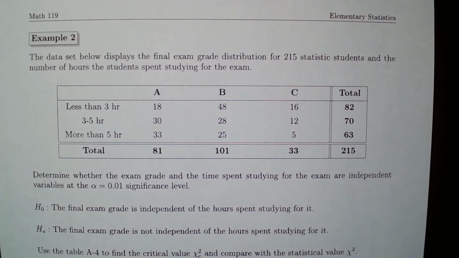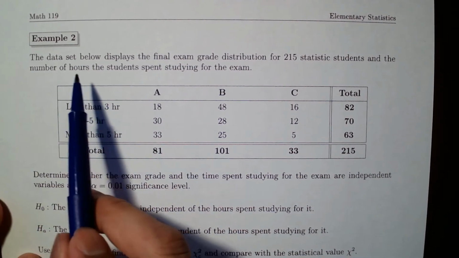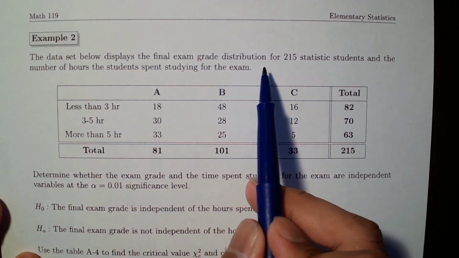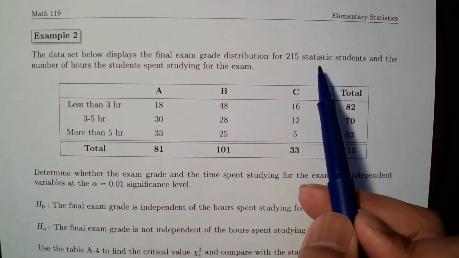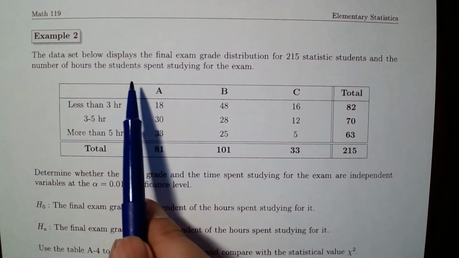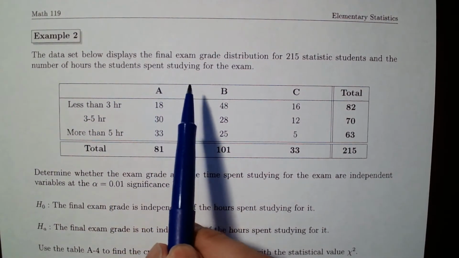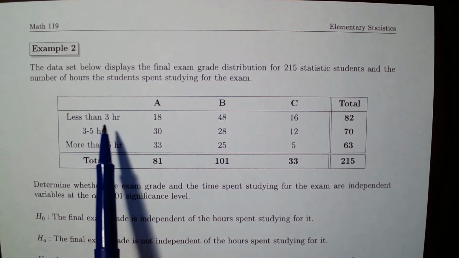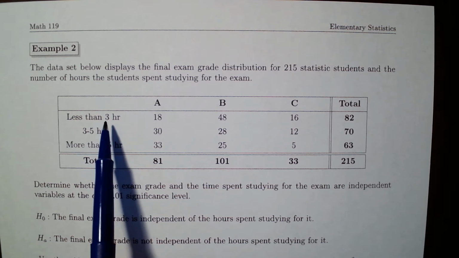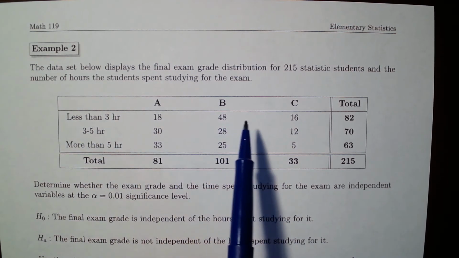All right. So let's see. The data set below displays the final exam grade distribution for 215 statistics students and the number of hours the students spent studying for the exam. All right, so here we have people who studied less than 3 hours and how many A, B, and C obtained.